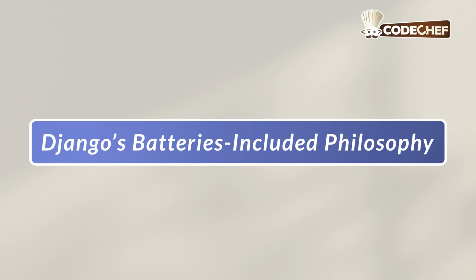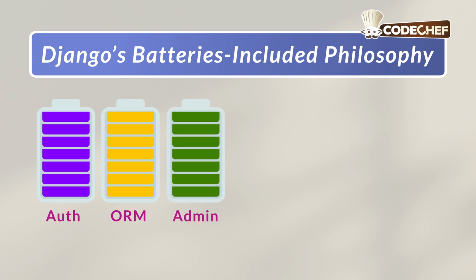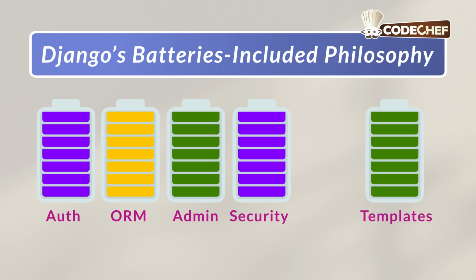You get a built-in authentication system for users and permissions, a powerful ORM to work with databases using Python instead of SQL, an automatic admin panel to manage your data, security tools to protect against common threats, a templating engine, and a clean URL routing system. This means you can build and deploy a fully functional web app without hunting for dozens of external libraries. So Django gives you the complete kit.